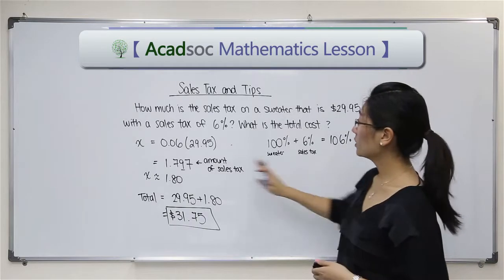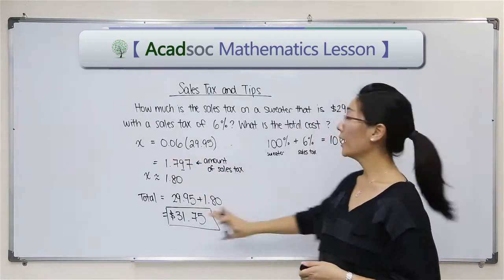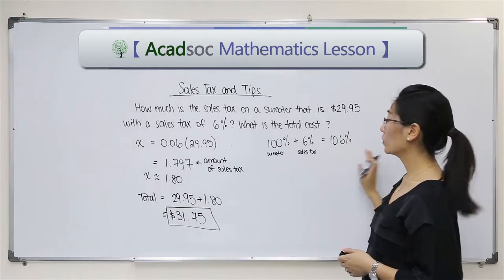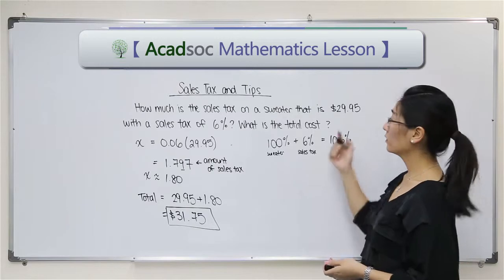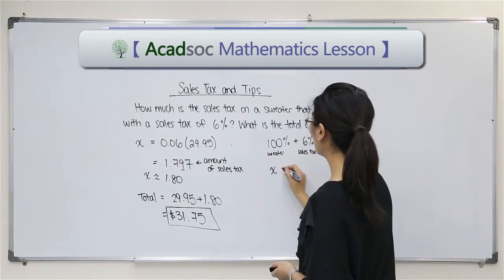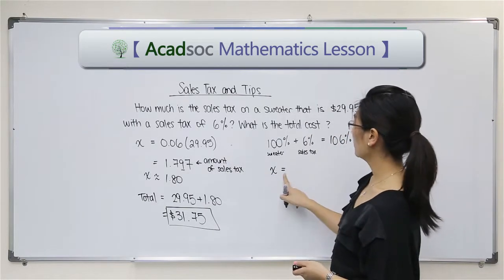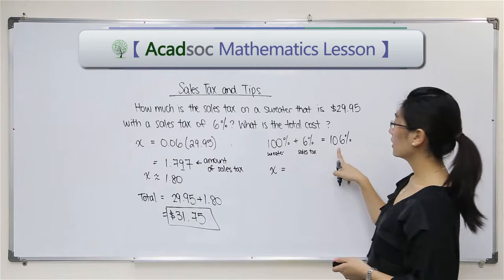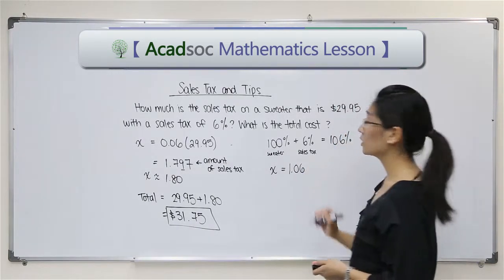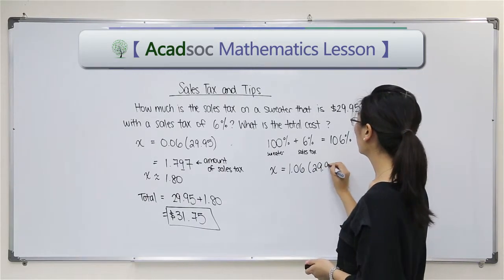So instead of multiplying it by 0.06 to just find the sales tax, I can multiply it by the decimal of 106% in order for me to do it all in one shot to find out how much the total cost would be. So I could write the same percent sentence: what is. Now instead of 6%, I want to know my total cost. So changing that 106% into a decimal would be 1.06 times $29.95.